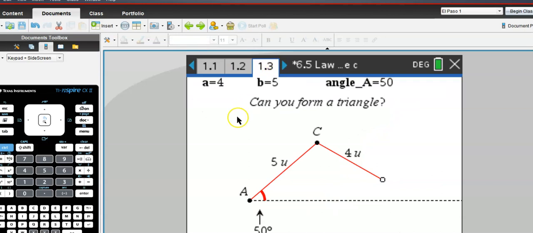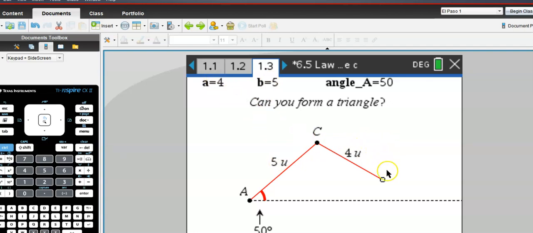What kind of issues? Well, let's look. Say you have a triangle like this. The given information is the angle is 50 degrees, and I drew a 50-degree angle there. Side B is right there, and that is 5 units, and side A is exactly 4 units.